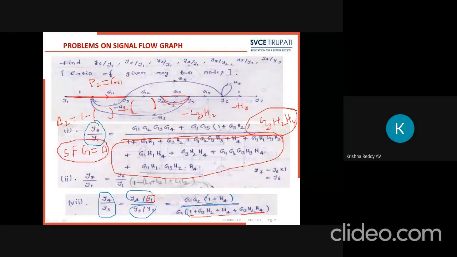That's why here both deltas cancel. We just take the forward path numerators, P1 delta 1 divided by P2 delta 2. This ratio P1 delta 1 divided by P2 delta 2 is the ratio of two nodes.